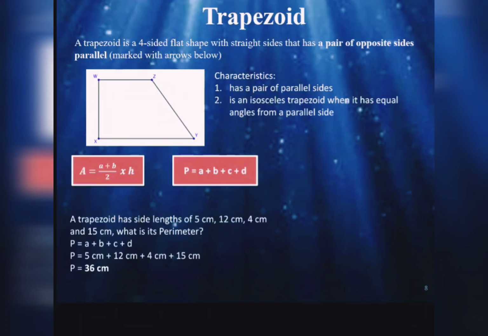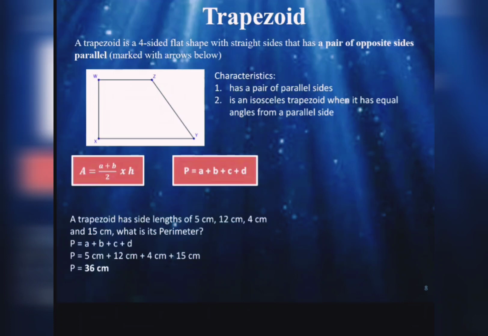And the example of a trapezoid: a trapezoid has side lengths of 5 centimeters, 12 centimeters, 4 centimeters, and 15 centimeters. What is the perimeter?